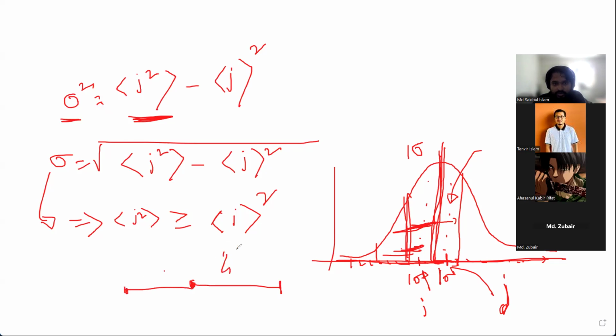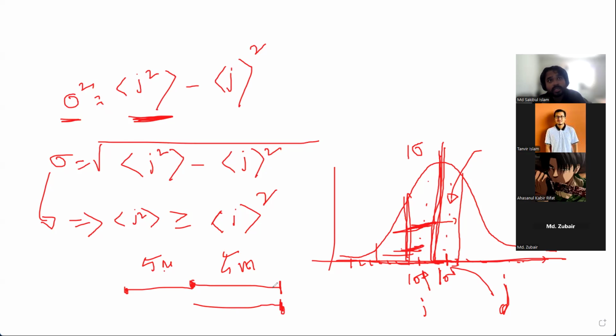When I say 5 meter, it does not give you any idea which side you are on, either the right side or the left side, because this is just a distance or scalar value. This is not a vector actually. That's why sigma is positive.